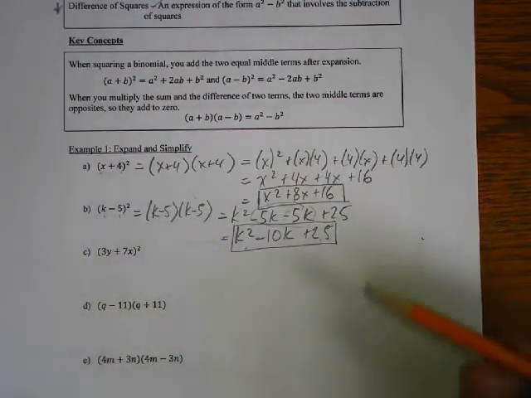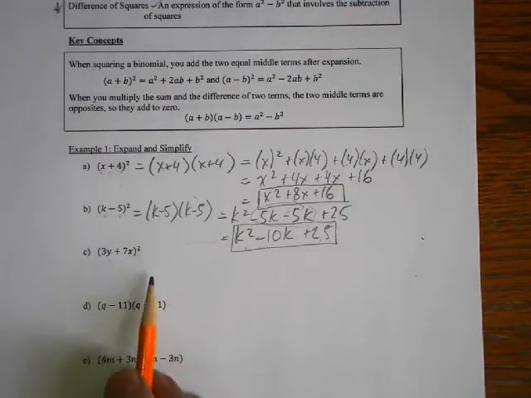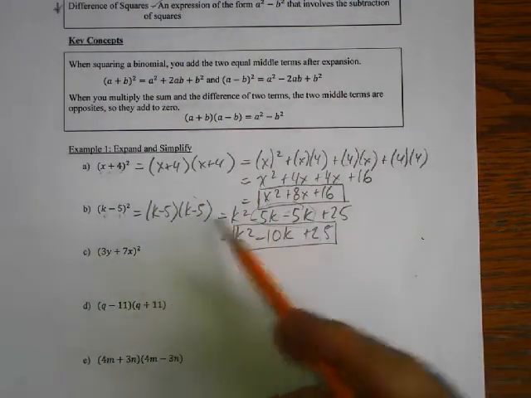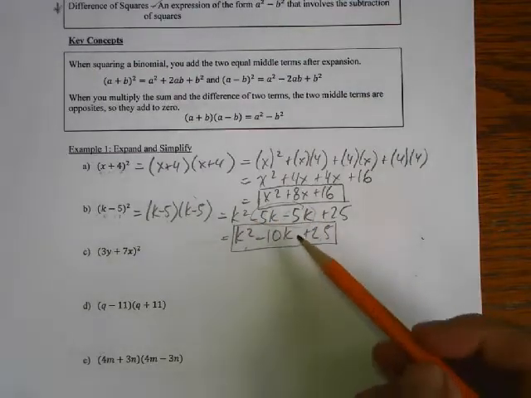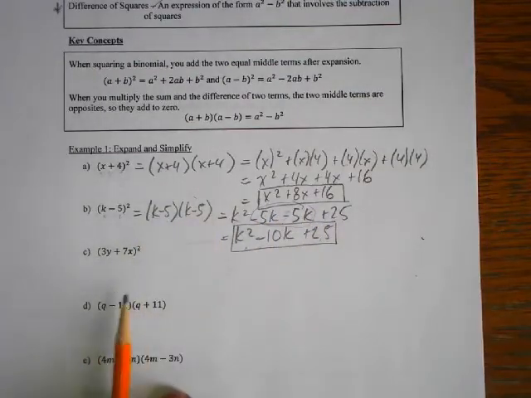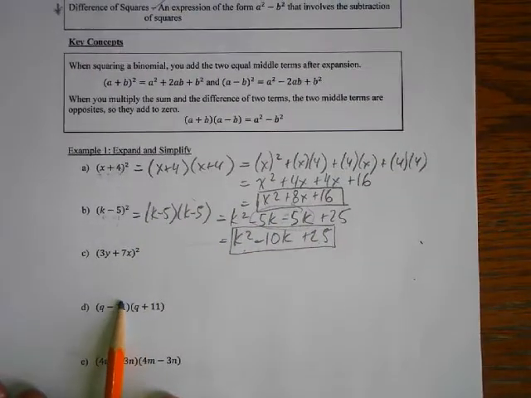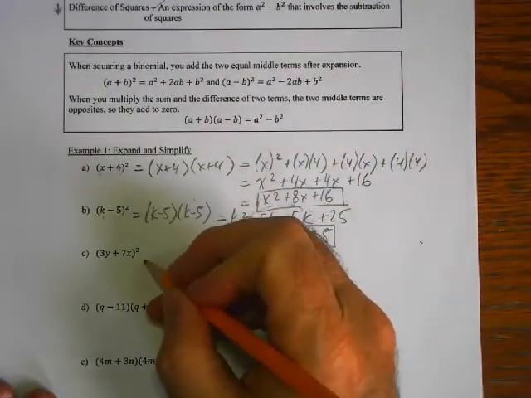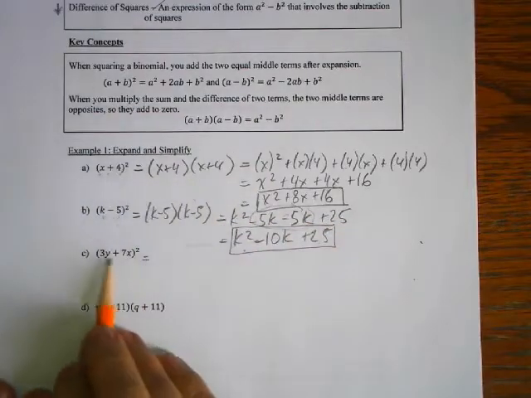So if some of you see that and want to just jump to the final answer, that's totally fine. But if you're not confident with doing it that way, just treat it like a regular binomial times binomial or a FOIL question.